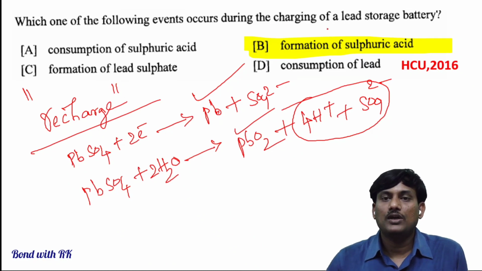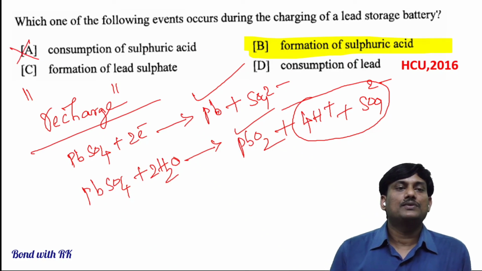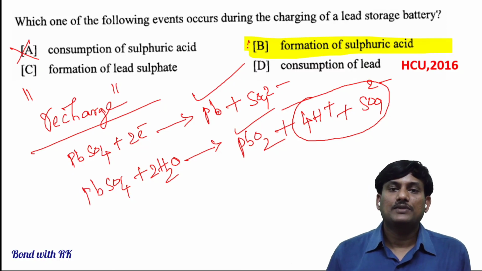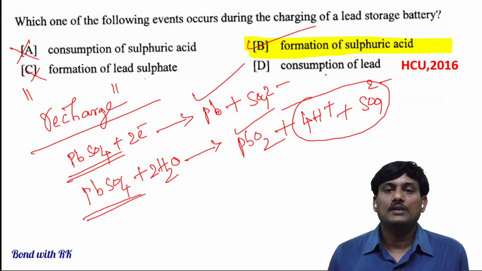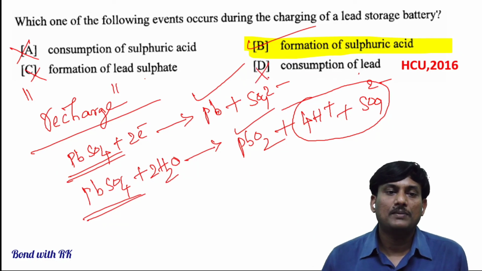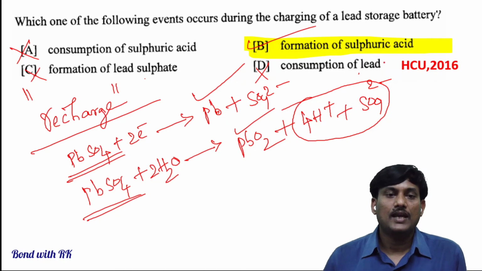So during the charging of a lead storage battery, is there a consumption of sulfuric acid? No, there is a formation of sulfuric acid. This one is correct. Formation of lead sulfate? There is a consumption of lead sulfate in recharging. And also there is a consumption of lead sulfate, not lead. This one is also wrong. So what is the correct option? There is a formation of sulfuric acid.